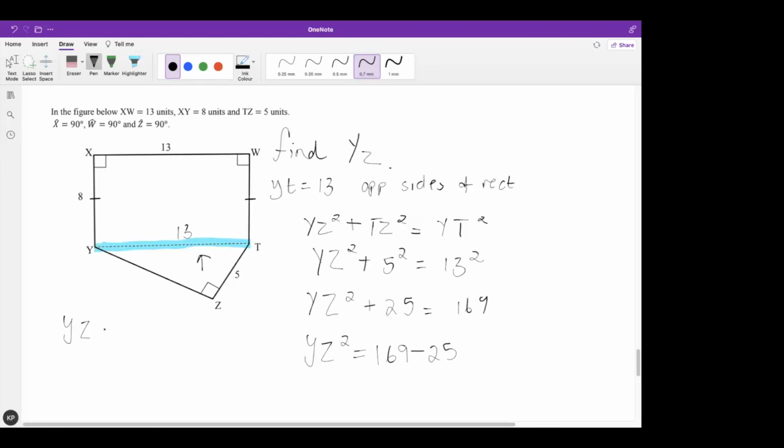Then, ma'am, we're gonna say YZ squared equals to 169 minus 25, which is 144. Wonderful. And then next? Ma'am, we're gonna square root both sides. And then square root cancels square root, and then left with YZ equals to 12. Wonderful. Beautiful. Thank you very much. That was beautiful.